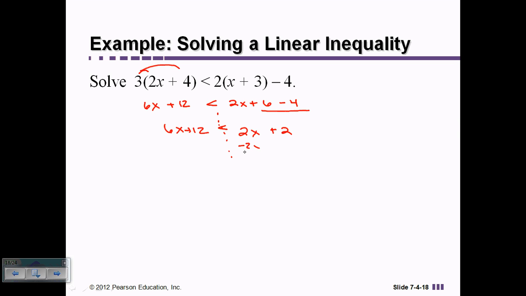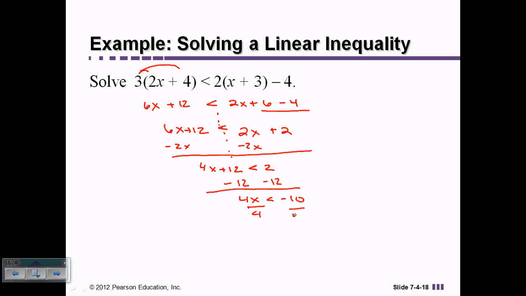Remember what I said. Let's get the variables to the left, because it's going to make things easier in the end. So we're going to subtract 2x from both sides. And then we're going to subtract 12. Now remember, adding and subtracting does not change the direction of the inequality. And then we're going to divide both sides by 4.